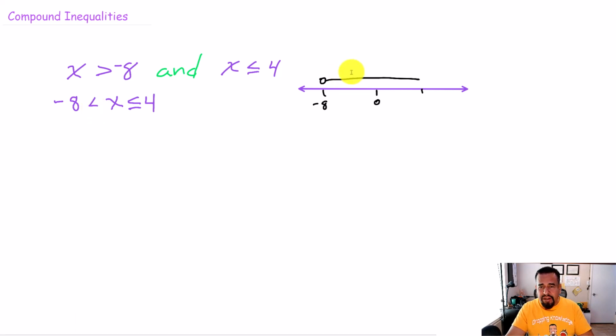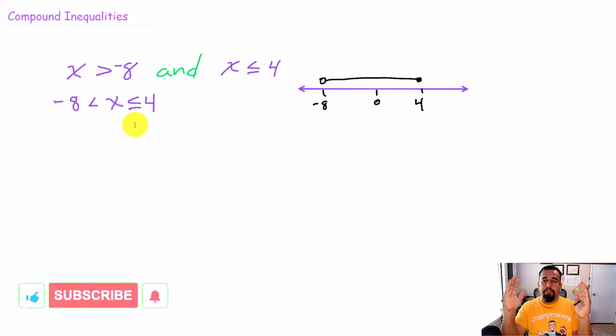And I stopped here, assuming that this would be my number 4, because x also has to be less than or equal to 4. Now, because I have this equal here, less than or equal to, this is going to be a solid circle right on 4. So the answers to this compound inequality live between -8 and +4.